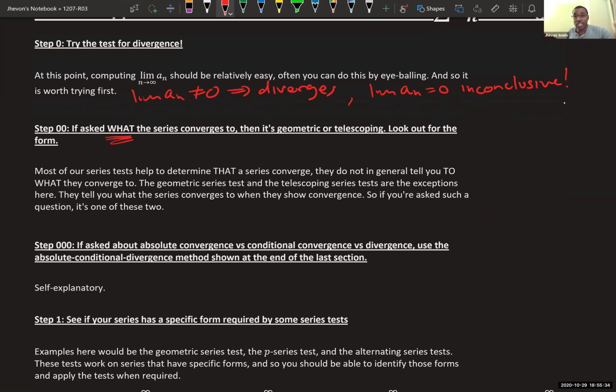And one of those situations we didn't even do, which is the telescoping series. So you literally only have one situation. So if I ask you, what does a series converge to? It's literally always one thing, the geometric series. We know that when a geometric series converges, it converges to a over 1 minus r. So if I ask you specifically what it converges to, then if you find that it converges, it's probably geometric. Just do the geometric series test. That's just a hint.